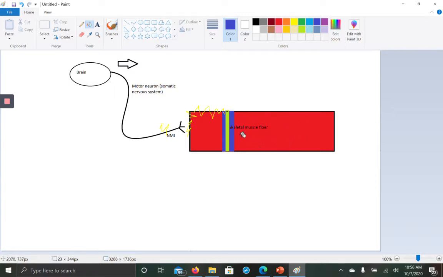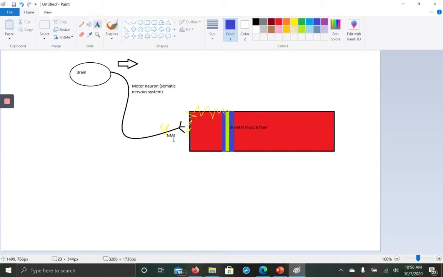Remember, it would be a web-like structure out here, but we're looking at a triad where the blue terminal cisternae of the sarcoplasmic reticulum are touching the green T-tubule.